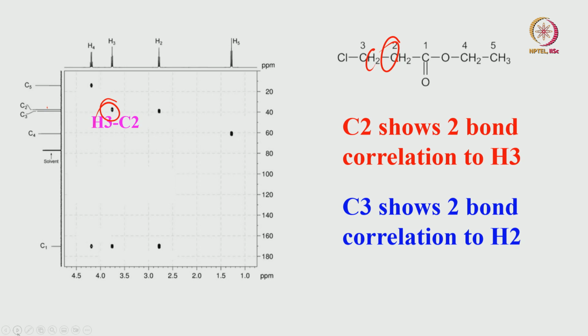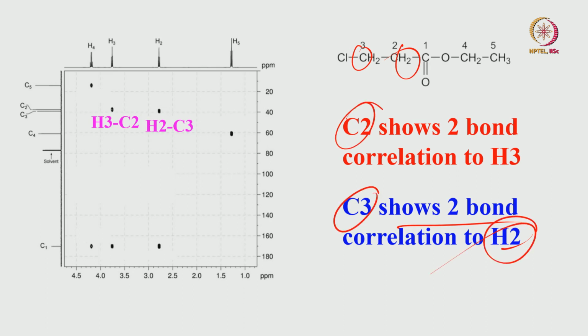That is what it is. And C3, carbon 3 shows 2 bond correlation to proton 2. That is all. Carbon 3 showing to proton 2, carbon 2 is showing to proton 3. See, very interesting. There is a correlation between the two groups.